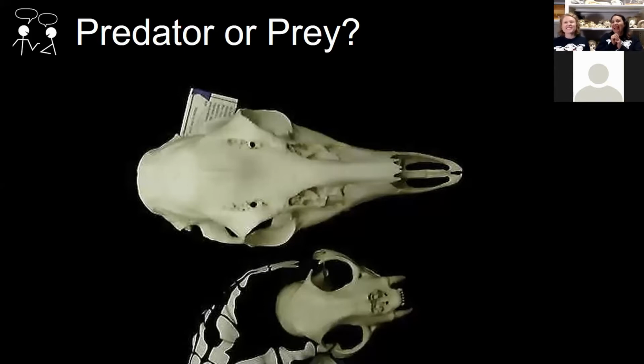Yeah. The predator is going to have the eyes in the front so that they can be the ones sneaking up onto that prey. All right. So our prey is doing the hiding, and our predator is the one that's going to be doing the sneaking. Good to know.